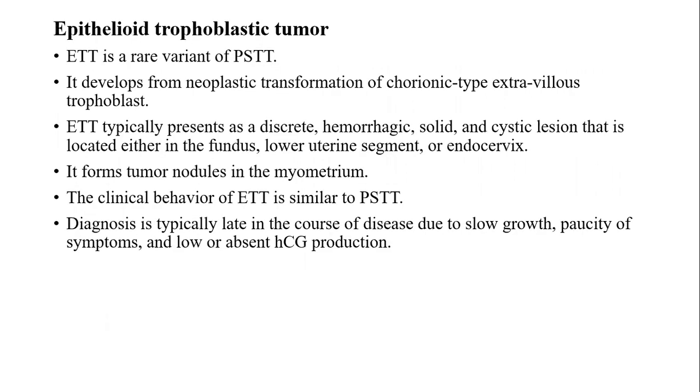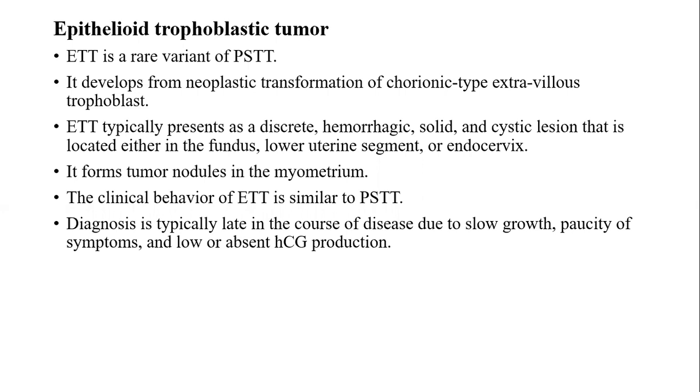Then the epithelioid trophoblastic tumor is a rare variant of PSTT. It develops from neoplastic transformation of the chorionic type extravillous trophoblast. They present as discrete hemorrhagic solid and cystic lesions located either in the fundus, the lower uterine segment, or in the endocervix.